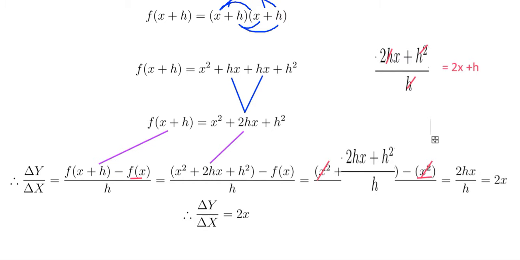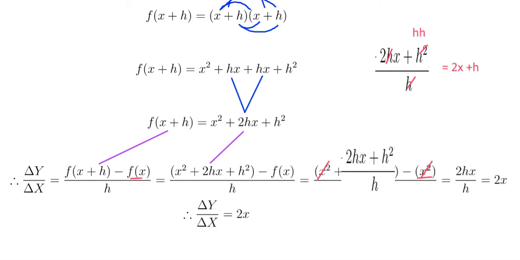Now, just to make you aware, that is because h squared is equivalent of h times h. So if I have h divided by h, one of those h's will disappear, and that's what gives me this h. And 2hx divided by h, the h disappears. So that is what I have, 2x plus h.